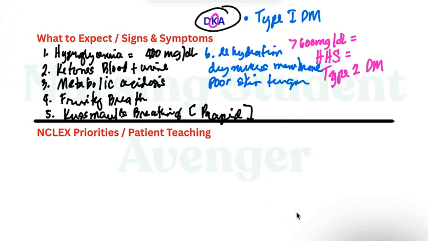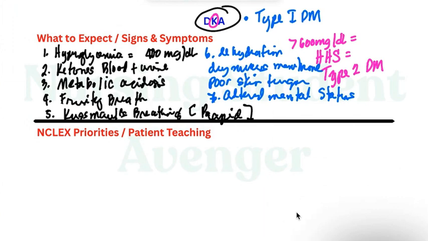Now, if the condition is so severe, you're gonna see patients with altered mental status. So what is the possibility that NCLEX is going to ask you for the signs and symptoms?